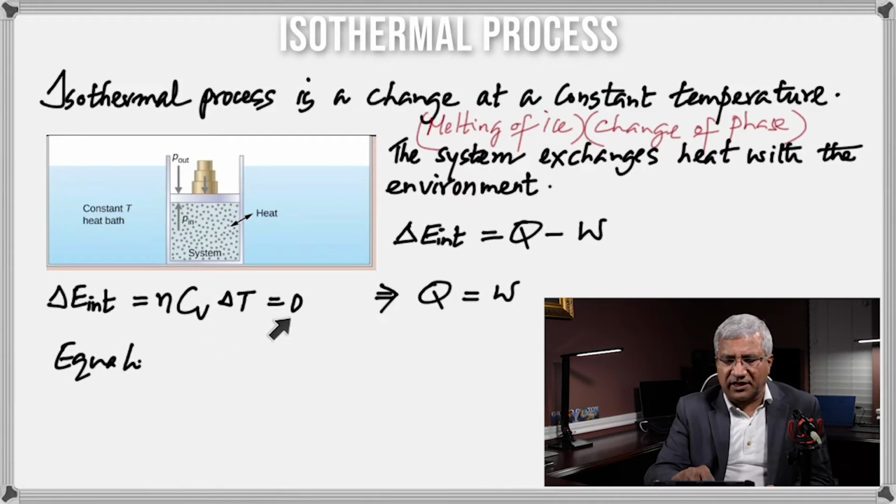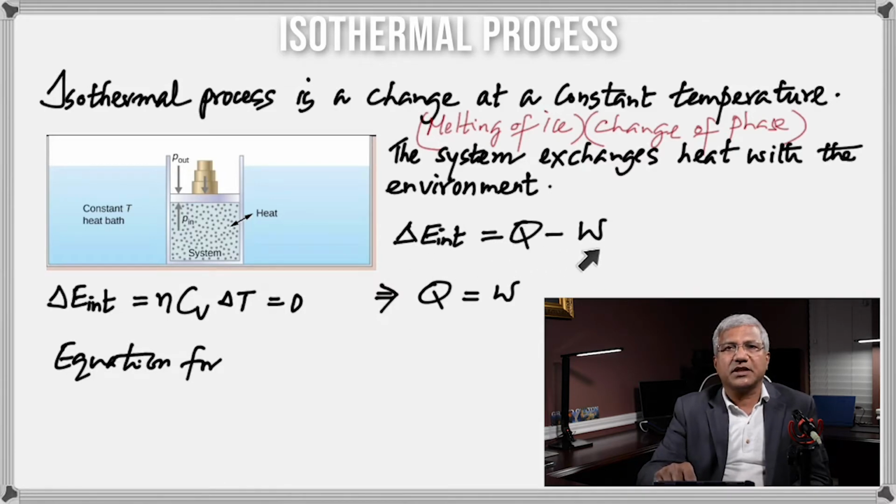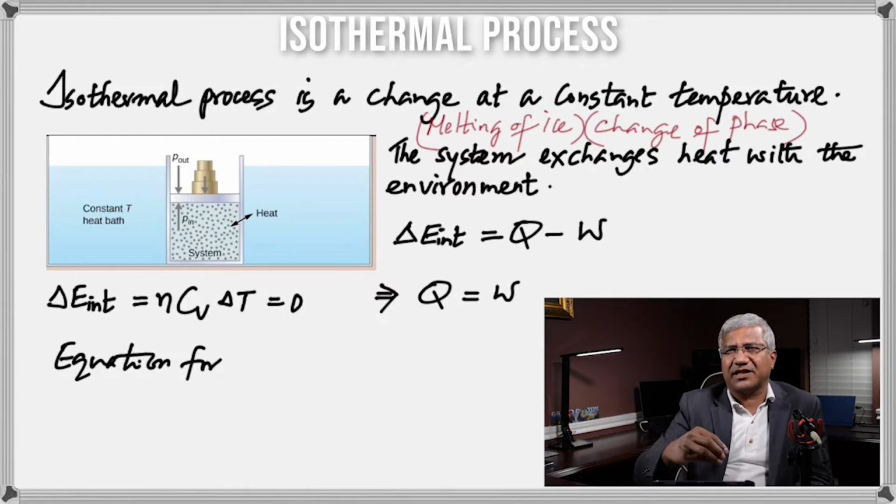We can set that equal to 0. So now we have Q equal to work, because the change in internal energy is 0. That means these two are equal. Q is equal to work, which again means that all the heat that's entering is used for work.